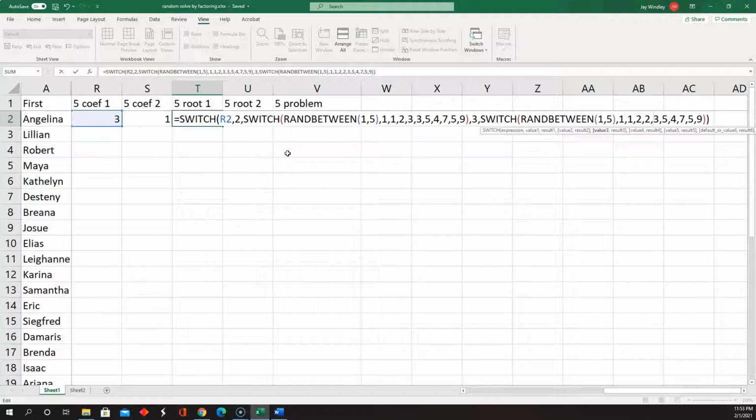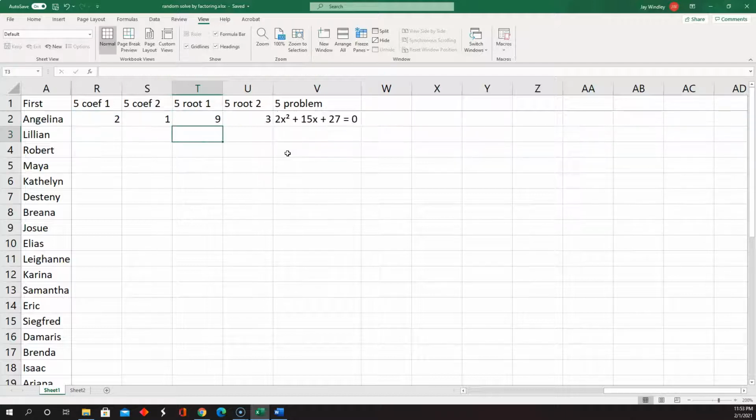My third choice, it can't be a 3, so it's going to be a 4. My fourth choice is going to be a 5. My fifth choice is going to be a 7. Notice I'm skipping 6. My sixth choice is going to be an 8. And I can't have a 9, so I'm going to be done right there. So now I have 1, 2, 3, 4, 5, 6 possibilities. So this is going to be rand between 1 and 6. So notice if this is a 2, this is something that does not have anything in common with a 2.